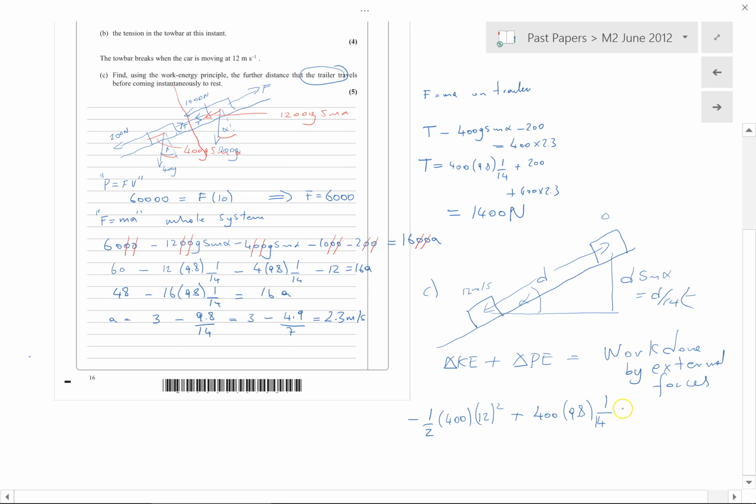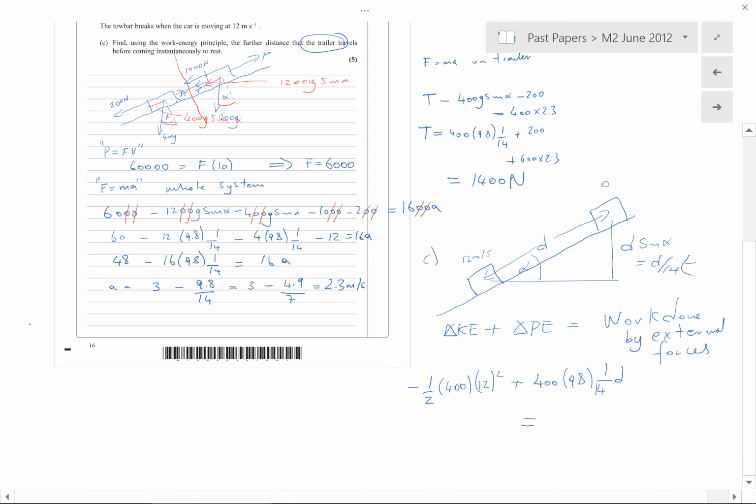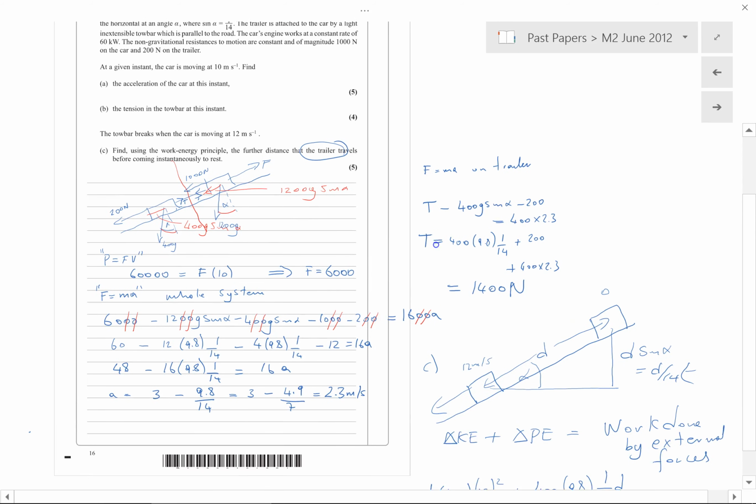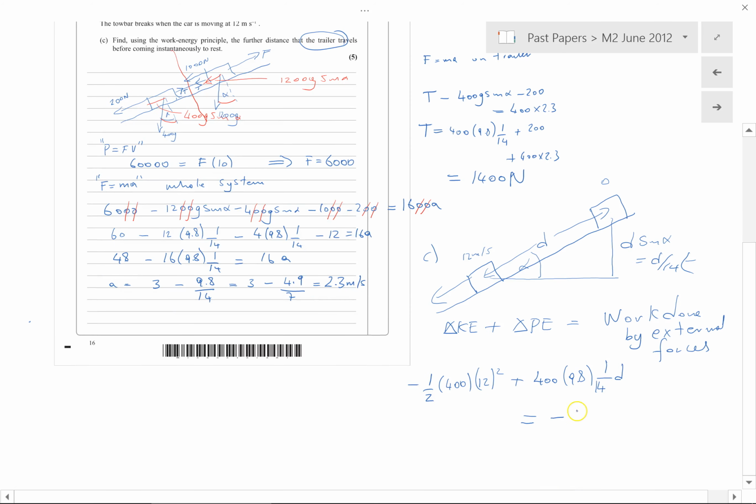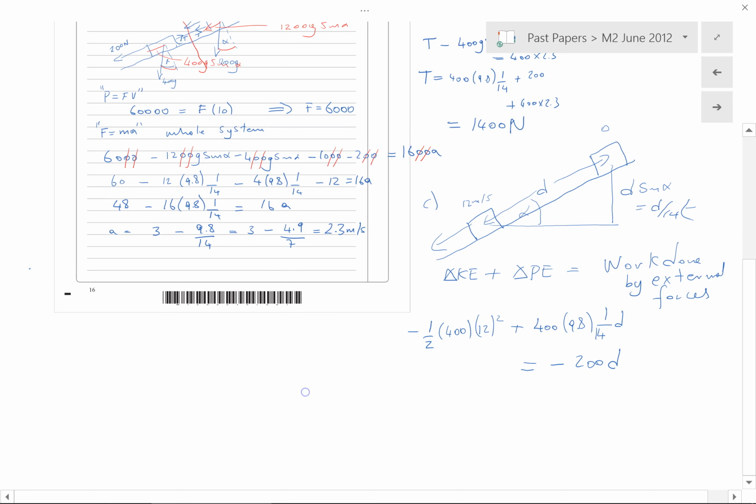And that's going to be equal to the work done by the resistance force. Now, the resistance force is going to take mechanical energy away from the system. So that will be minus 200d. So we basically have an equation we need to solve.